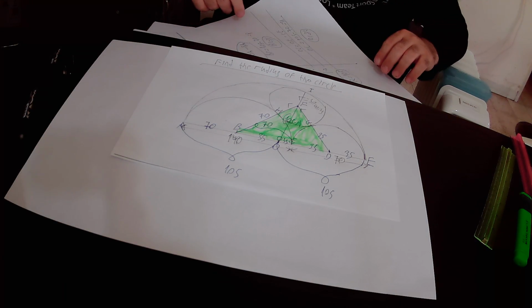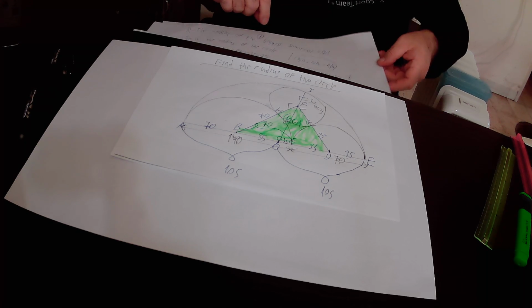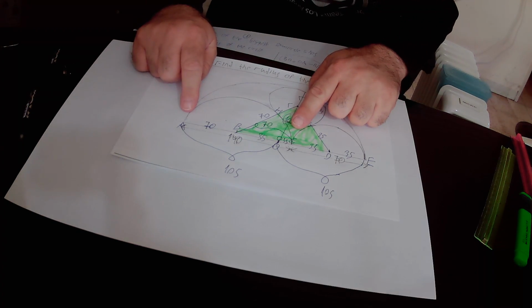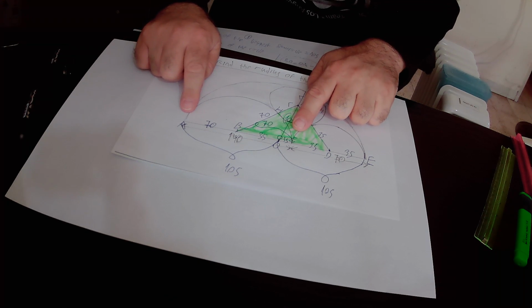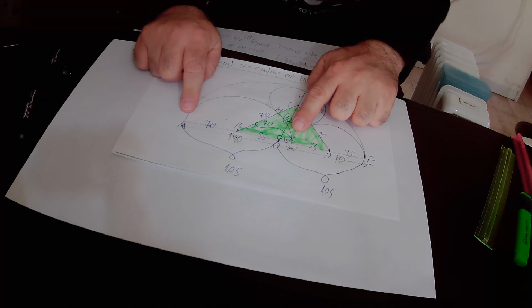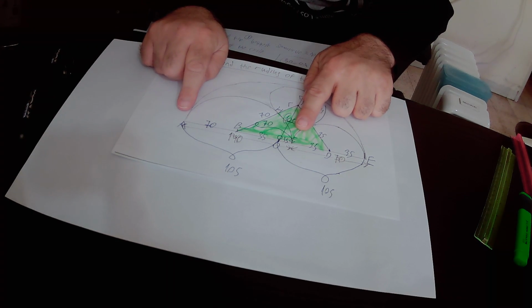In the next step, the question has given us that AC equals 140 units. But what is AC?